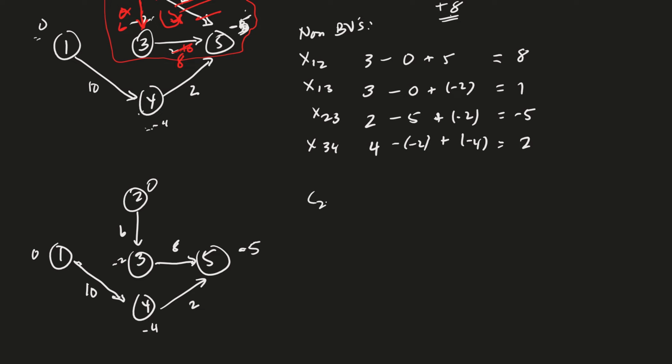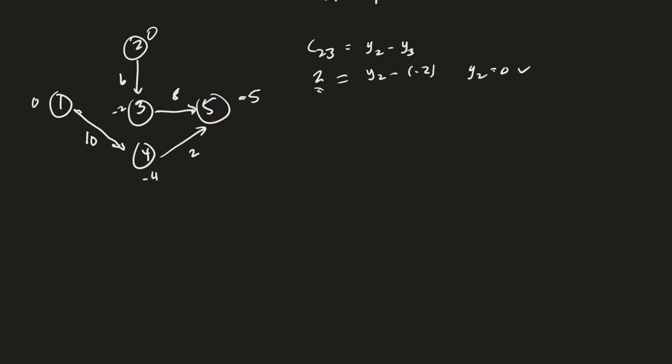So c23 will be equal to y2 minus y3, right? Cost 23 is y2 minus y3. Cost 23 was 2, and then y2 minus 2 gives me a 2 on either side, so y2 is equal to 0. Check. Good. Okay, so our y values are all good.